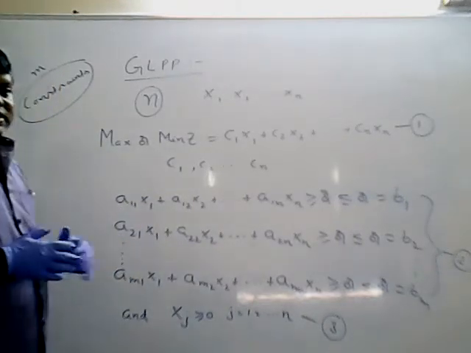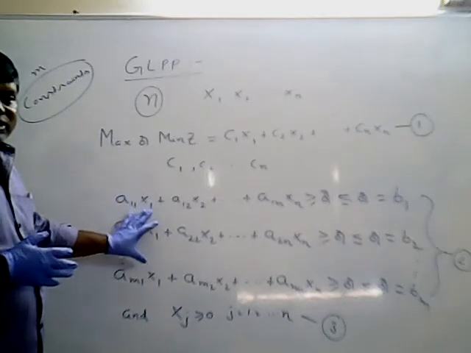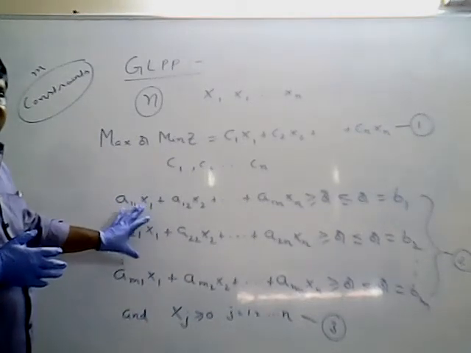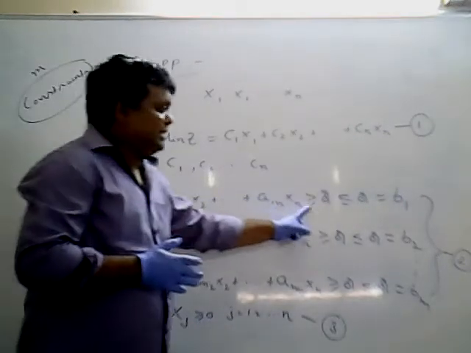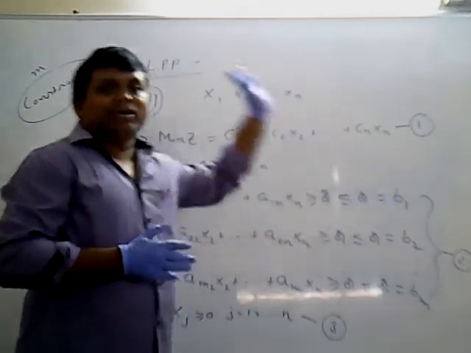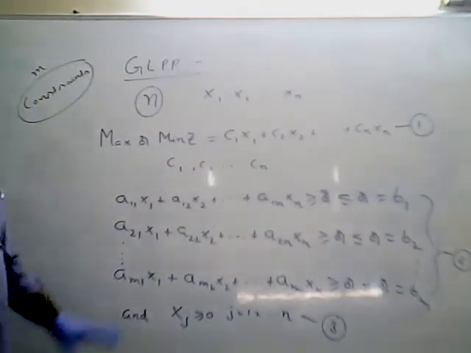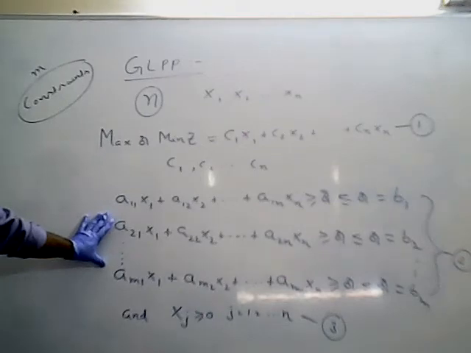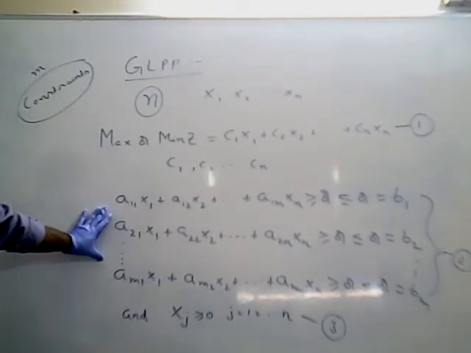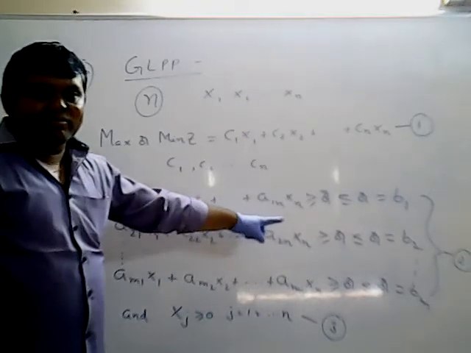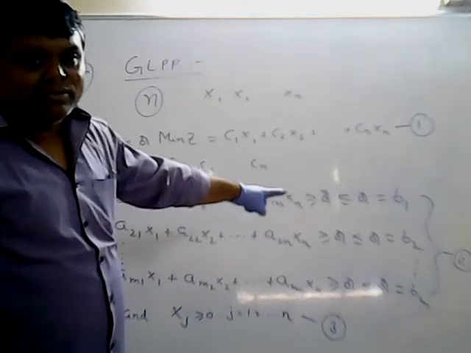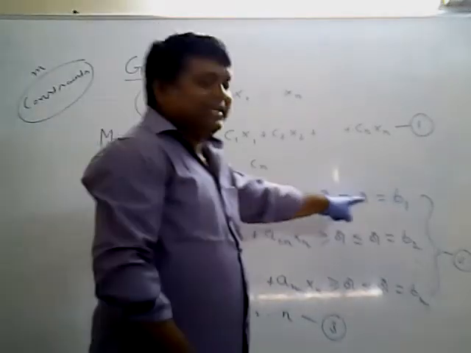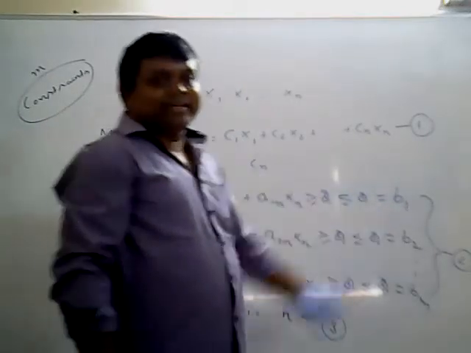So equation 2 is called constraints, which may be inequality type, or equality type.